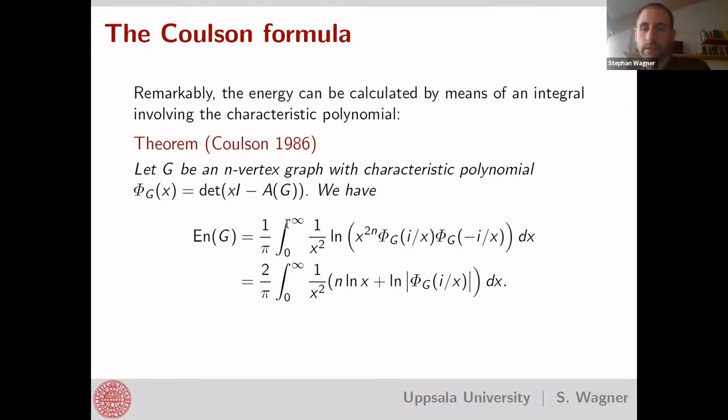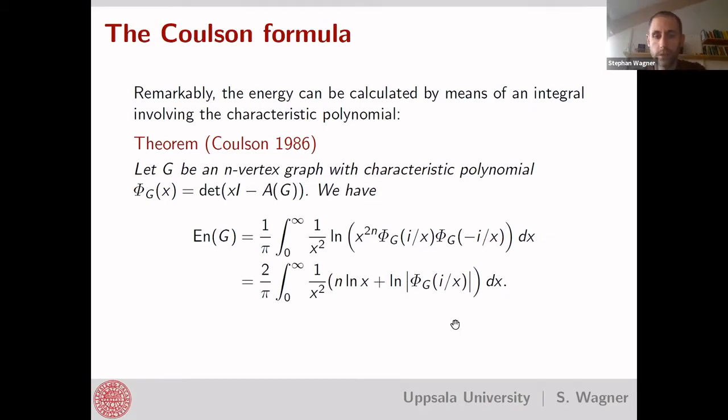Here's a really pretty, or well, beauty is in the eye of the beholder, but here's maybe some unexpected property of the energy, and that's this integral formula. So you can somehow express it as an integral involving the characteristic polynomial.